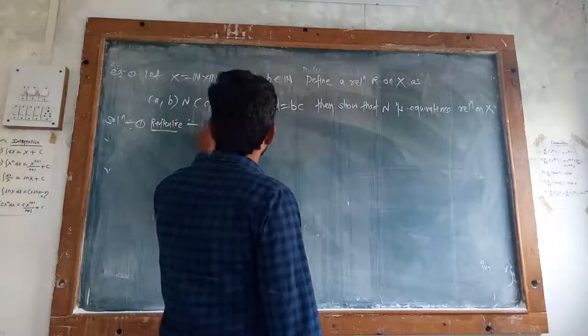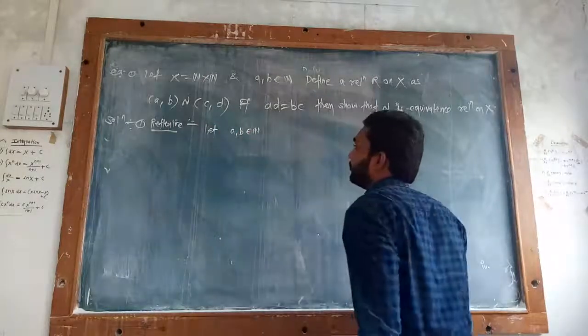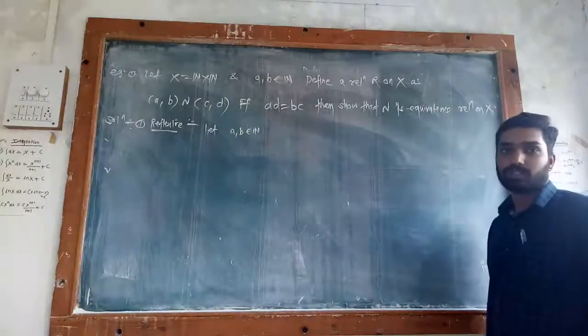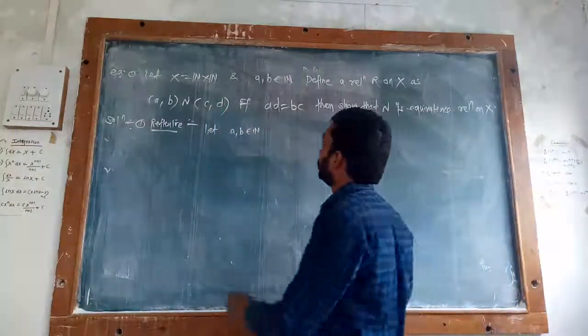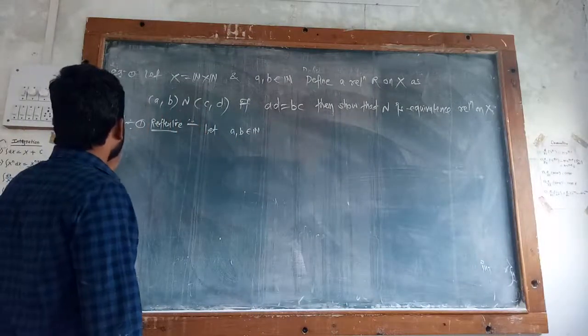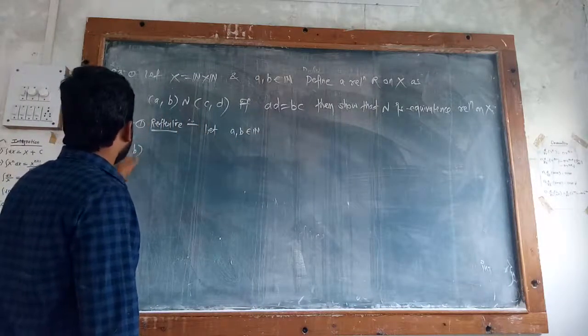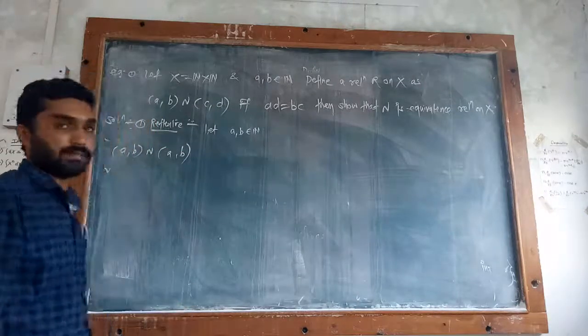Let (a, b) be natural numbers. We have to show that (a, b) is equivalent with (a, b), okay?